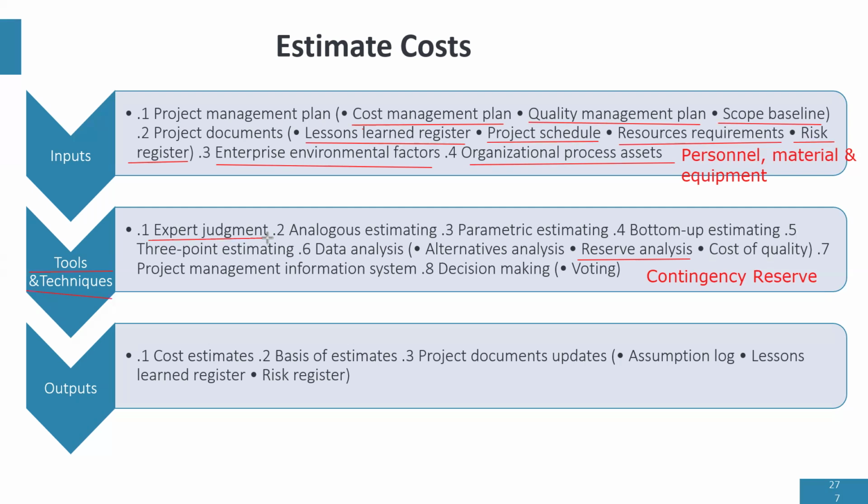This is what a quantity surveyor does on a project, on a construction project. A QS is an expert when it comes to estimating cost. A quantity surveyor is an expert on your average construction project that can actually give you cost of activities, project activities based on expert judgment.